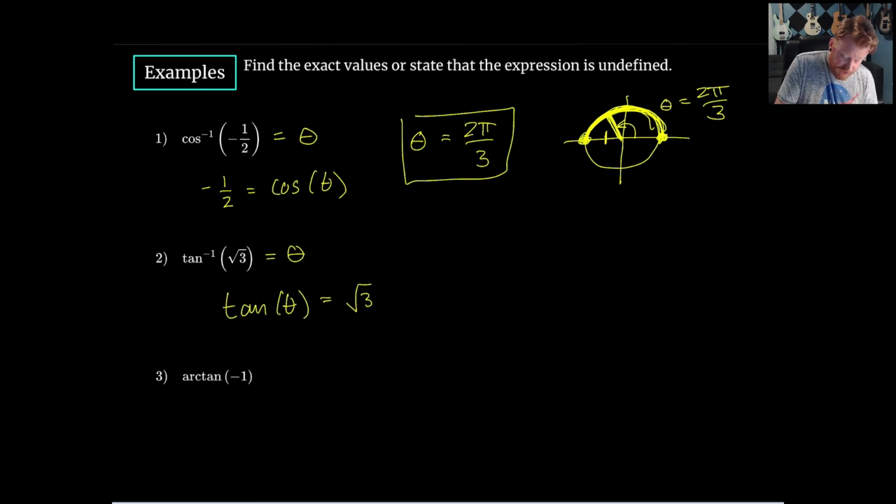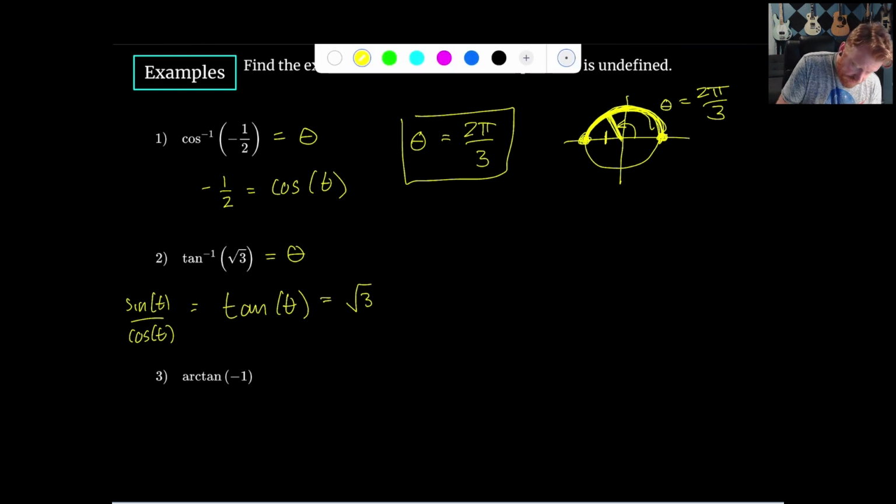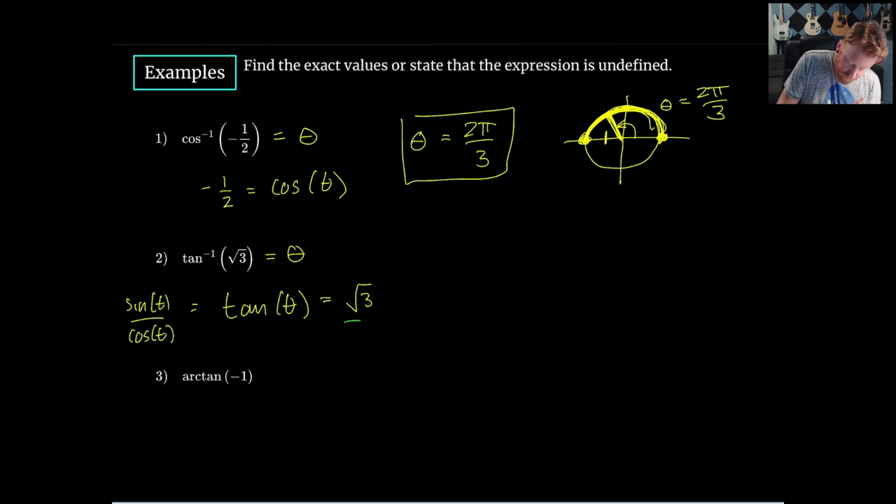I'm trying to force in this ratio. I know that this is going to be the sine of theta over the cosine of theta. So if I could see that ratio on the right-hand side, that will be helpful to me. So what I'm going to do here to kind of force this in is write this over 1.